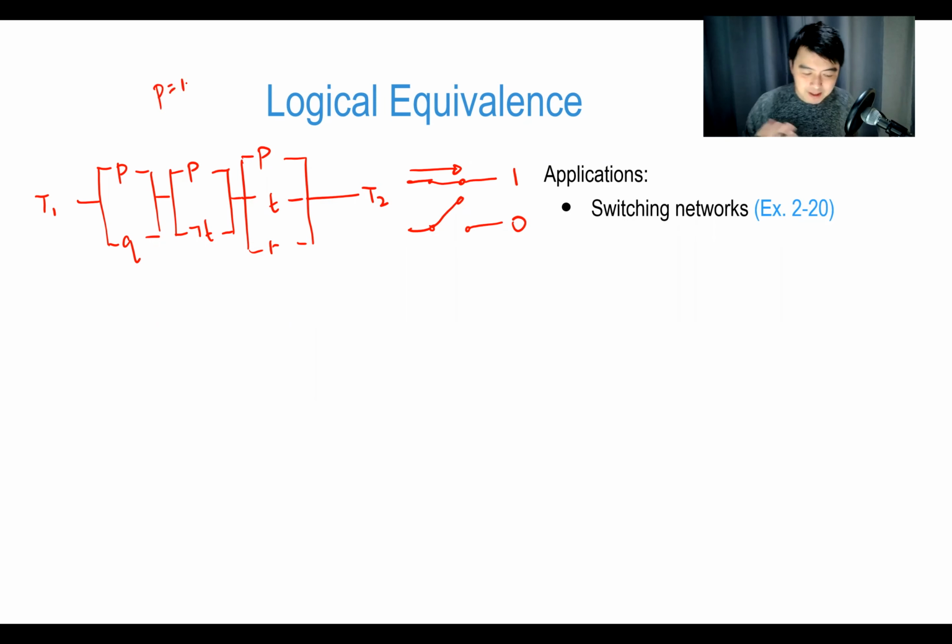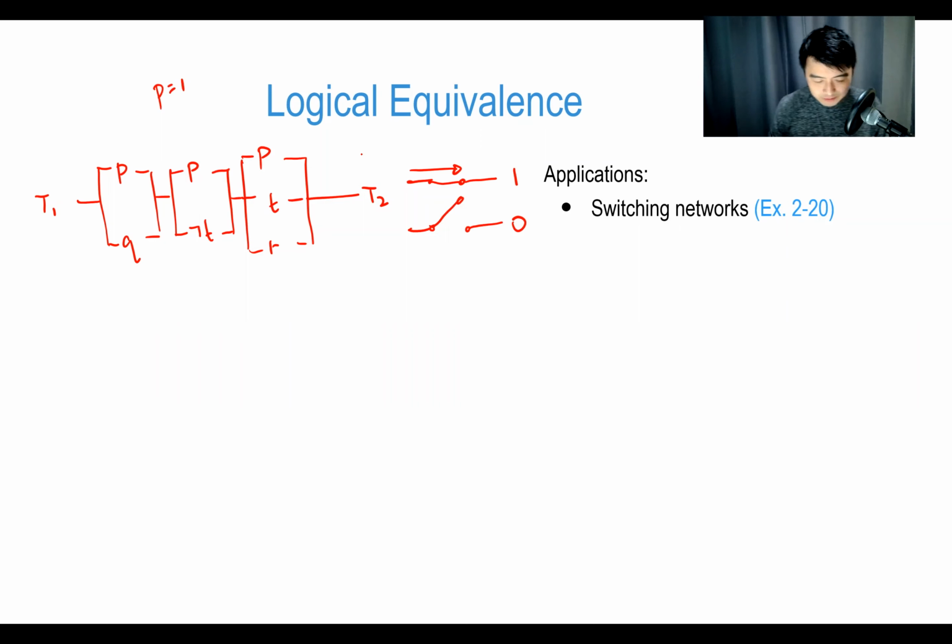If I make P equal to 1, that means I turn on the switch for P, so the fluids or electricity or whatever will always go through P from T1 over to T2.